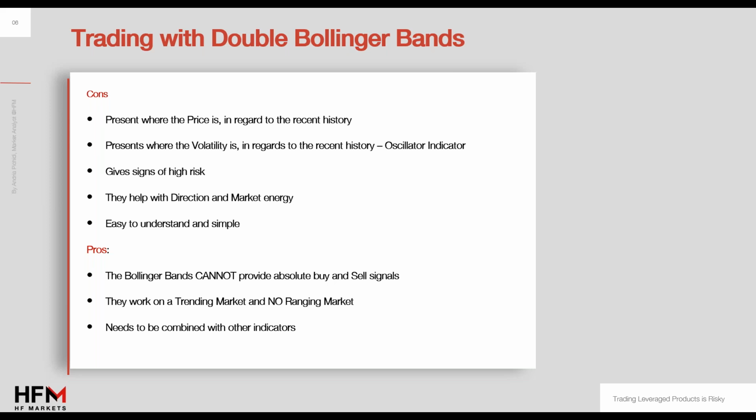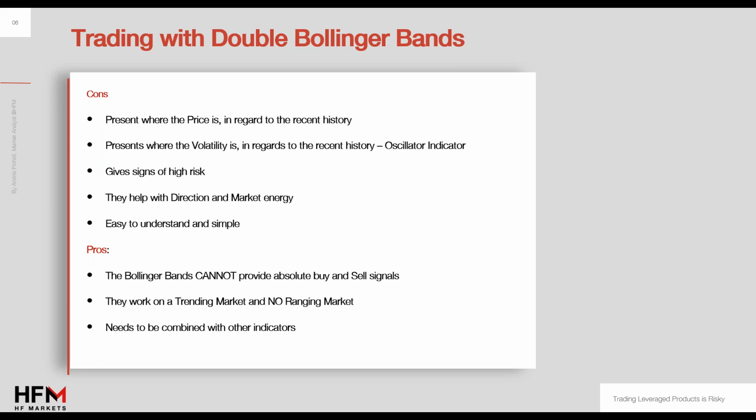Nothing is perfect, right? So what you should really take care of with the Bollingers is that they can for sure provide some signals, buying or selling, but they cannot provide absolute buy and sell signals. That's why it's good to combine them with something else.